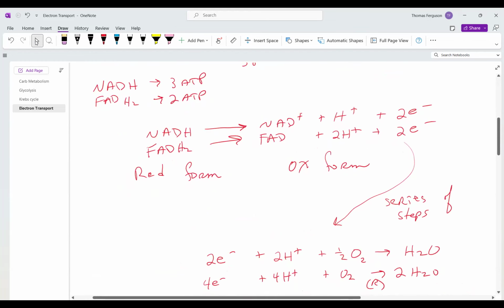Now from now on, we're just talking about electron transport. For every NADH oxidized, we produce 3 ATP. For every FADH2, we produce 2 ATP. And this is what it looks like.